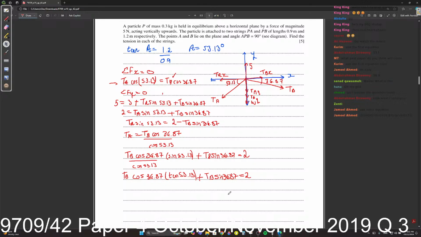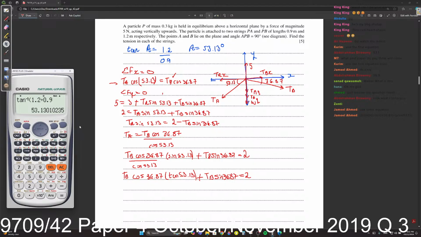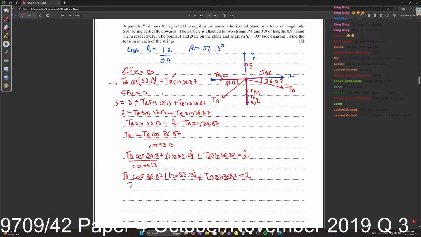Okay. Let me actually try solving this. Let me factor out TB over here to make my life a bit easier. I get cosine 36.87 times tan 53.13 plus sine 36.87 is equal to 2.